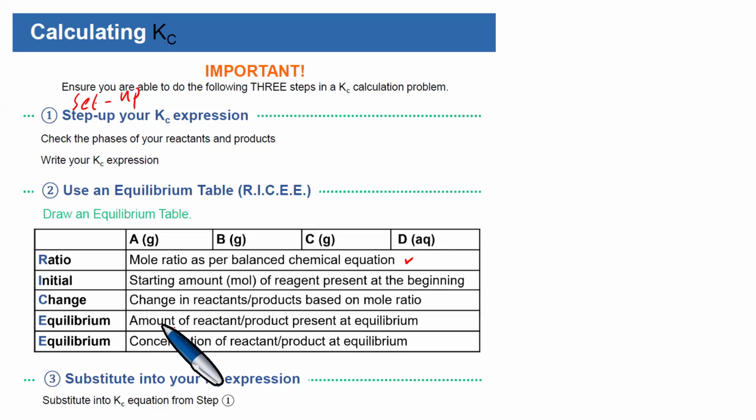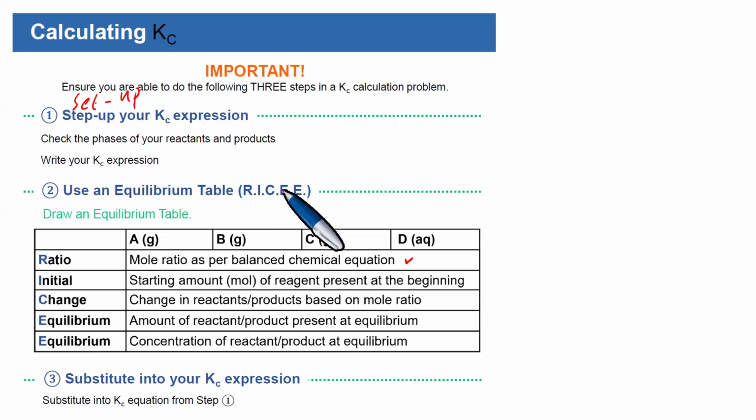Equilibrium: E stands for equilibrium, the amount of reactant or product present at equilibrium, the concentration at equilibrium. We're looking for the amount.